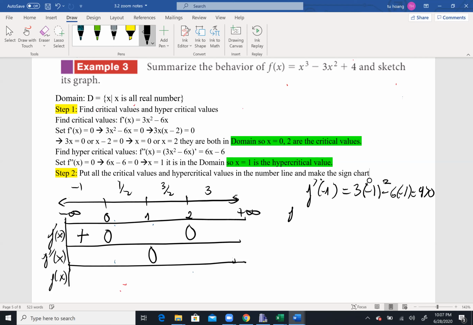And I check f second derivative of -1. That's 6x minus 6, so 6(-1) minus 6. It should be -12, which is less than 0.